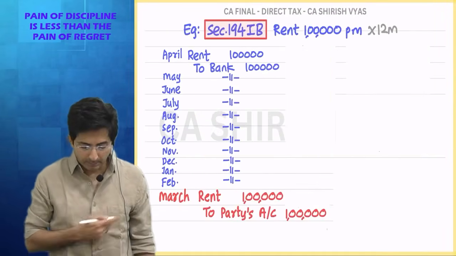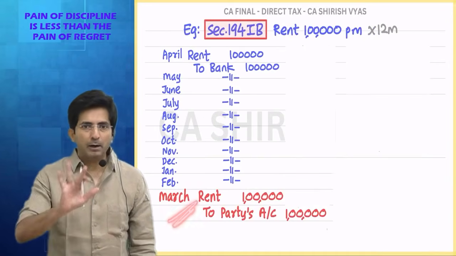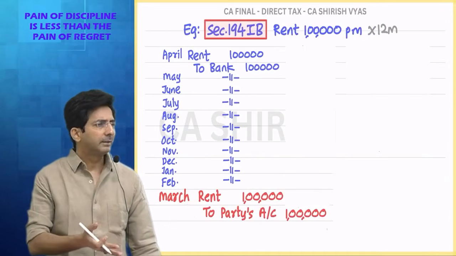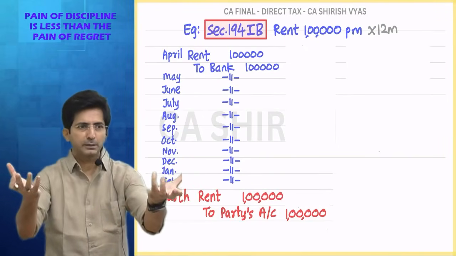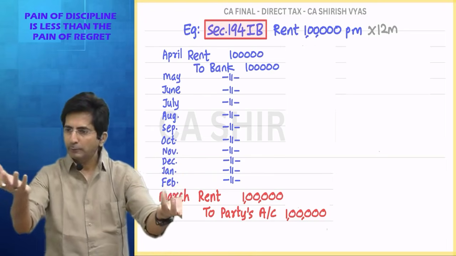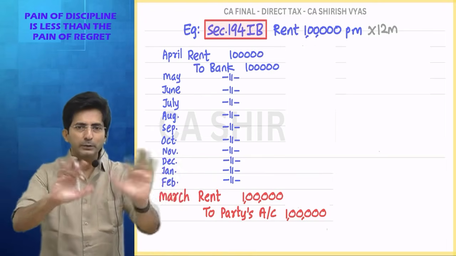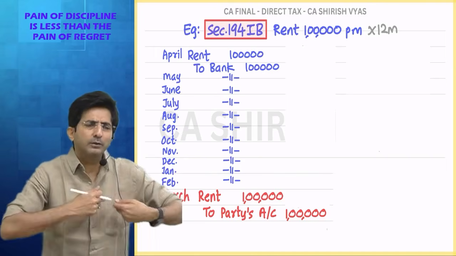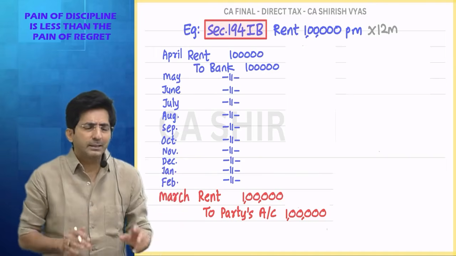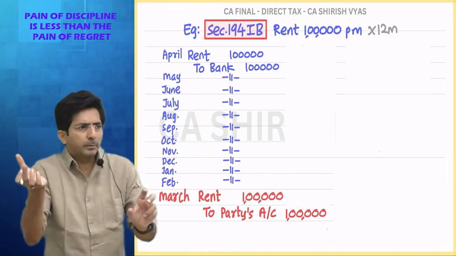So now that time has come: March. Assume the rent of March I kept outstanding. Assume I am purposely keeping it outstanding so that I can create two dates: party's account credited and actual payment are two different dates, just to show the importance of whichever is earlier. I hope you understand my feeling. If I make an on-the-spot payment, then there is no difference between the two dates, party's account credited and actual payment.